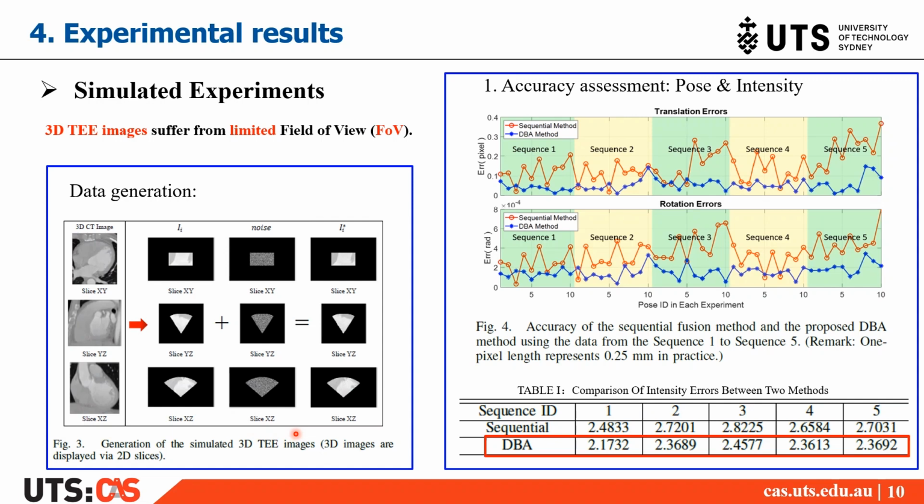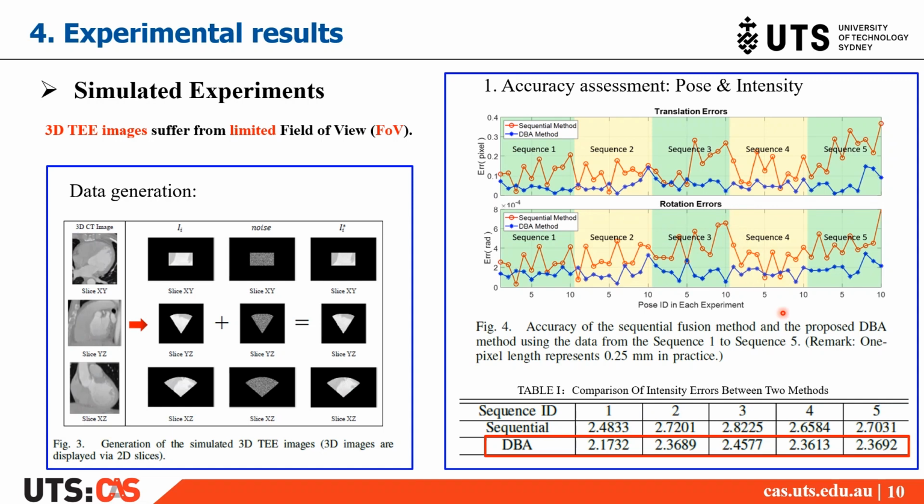We perform the experiments on these 5 sequences of image data using the proposed DBA method and the sequential fusion method respectively. The mean absolute errors of translation and the Euler angles are compared in the top right figure. The results show that the proposed method is much more accurate than the sequential fusion method for most cases.